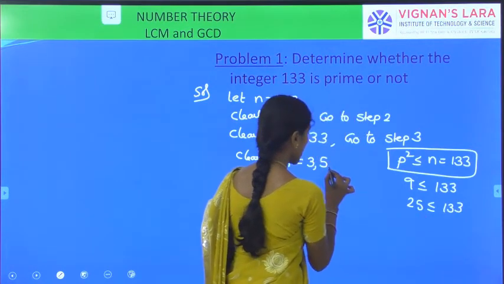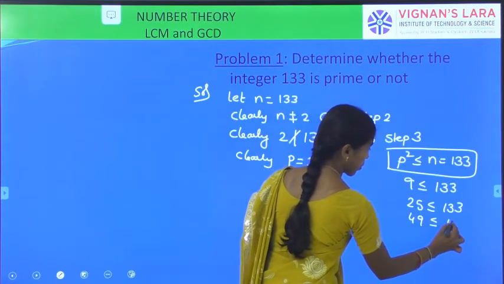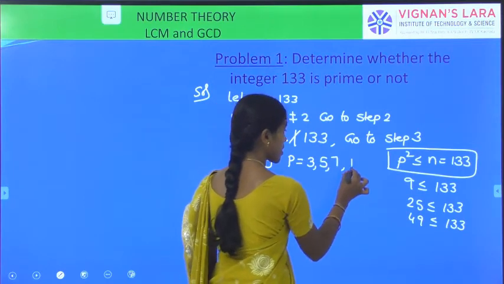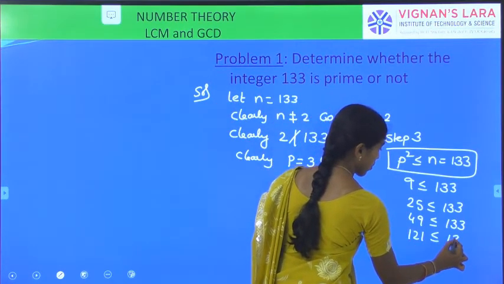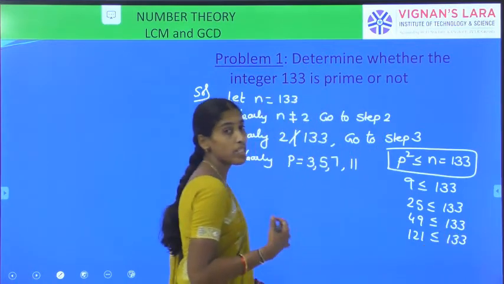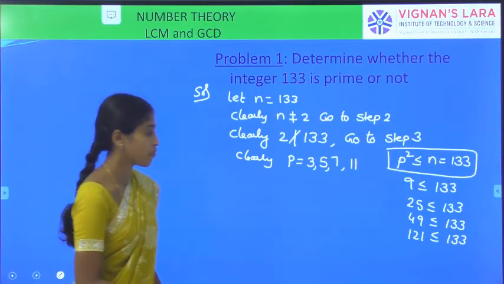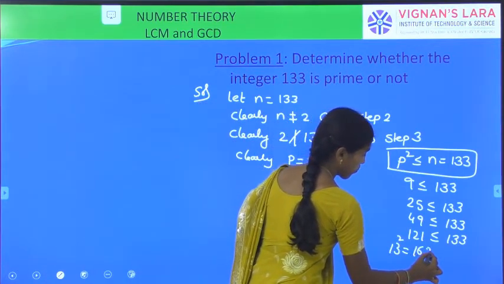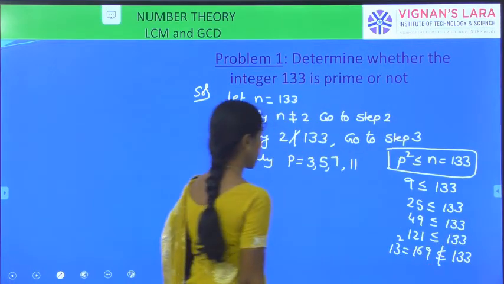Next prime is 7, 7 square is 49, less than or equal to 133. Next prime is 11, 11 square is 121, less than or equal to 133. Next prime is 13, 13 square is 169, which is not less than or equal to 133.